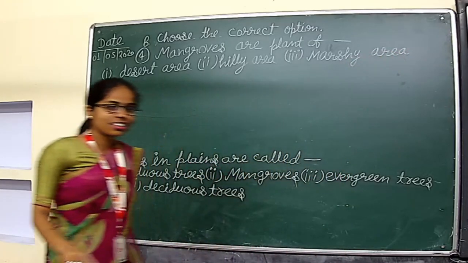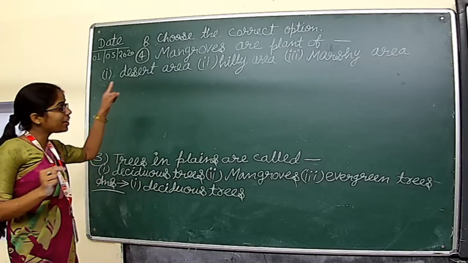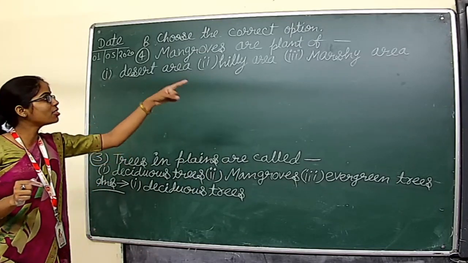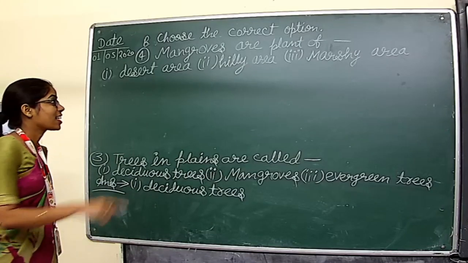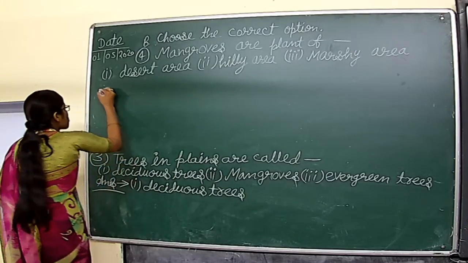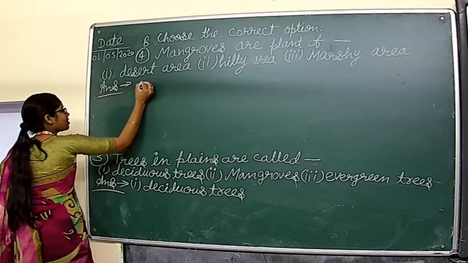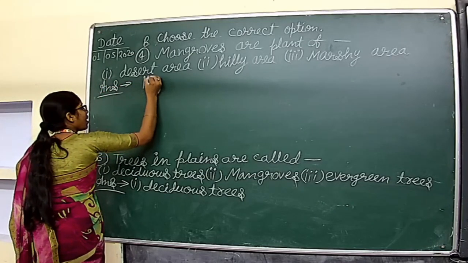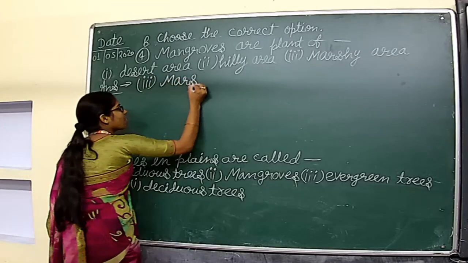Now I think you are able to understand the answer, because before writing this question we discussed the mangroves. So what is the correct answer? The correct answer is the last option. What is that? Marshy area.